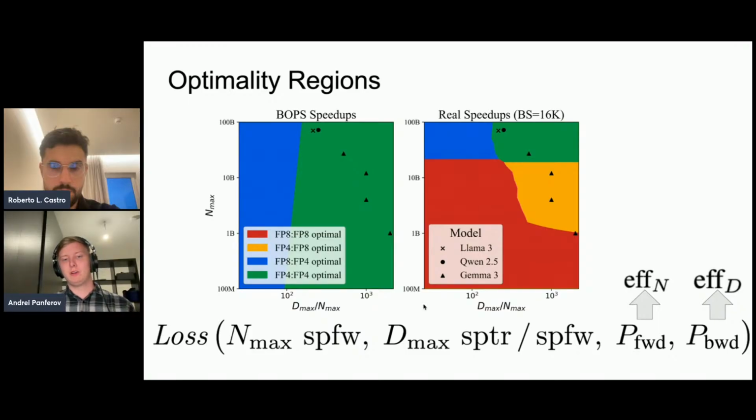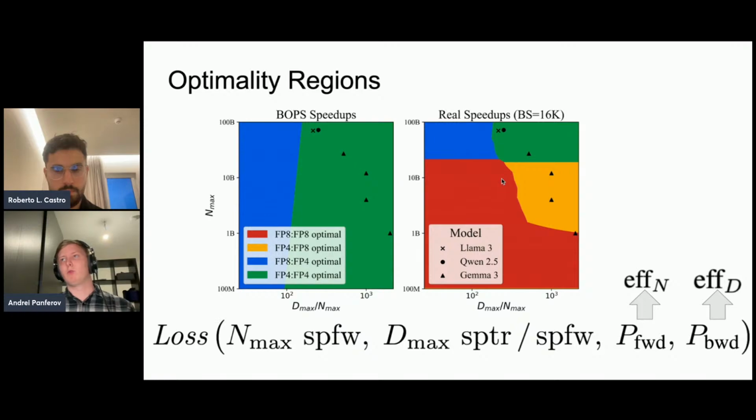And here we compare 4 different training schemes. That is the baseline FP8 training, the forward only FP4 training, meaning that we only quantize forward pass to FP4 and backward is still FP8, the forward pass FP8, backward FP4 training, and the full FP4 training.